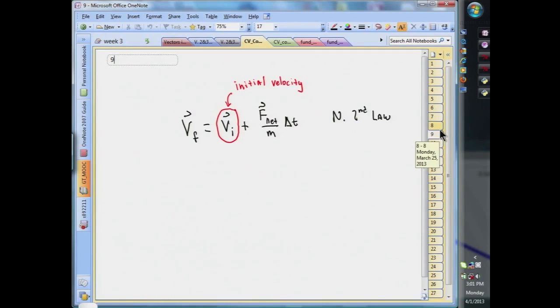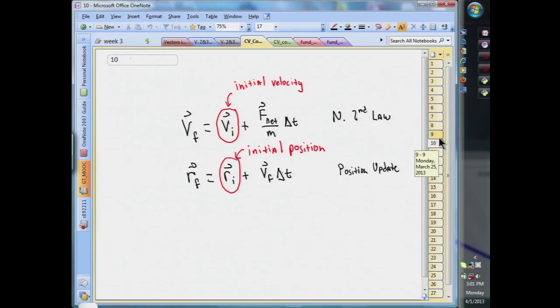To predict a new velocity, Newton's second law tells us that we have to begin with an initial velocity, and then with that new velocity, we need also to have a position, an initial position or location where the object is to begin with.